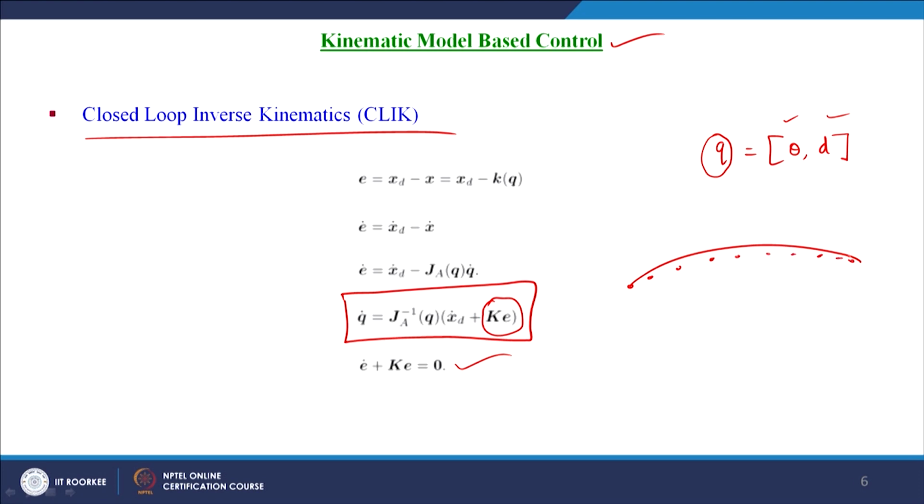In the inverse kinematics, the desired trajectory is given in the Cartesian space for the tip of the manipulator, and the actual tip should follow that trajectory by the computation of the joint angles. That computation of joint angles is obtained by this control law, which takes care of this error getting minimized. This discrepancy getting minimized is ensured by this control law.